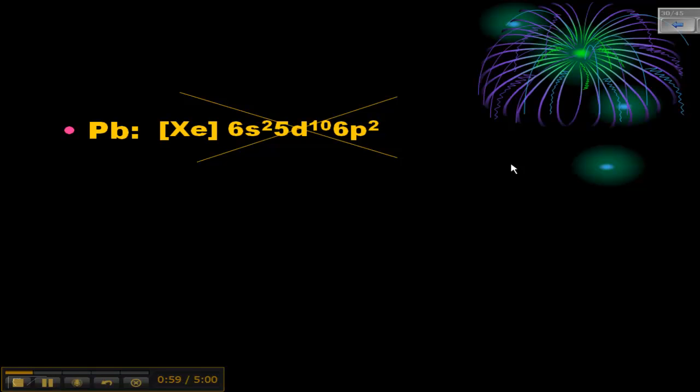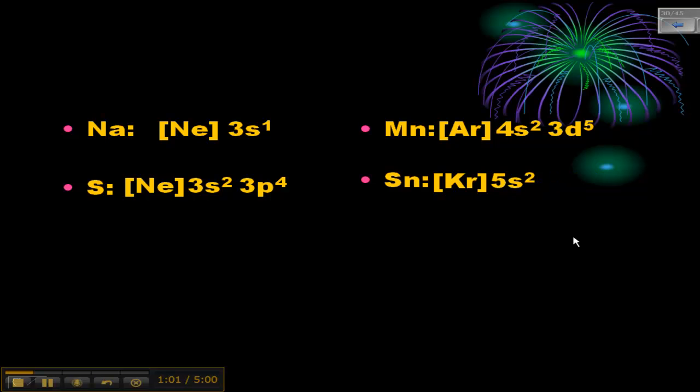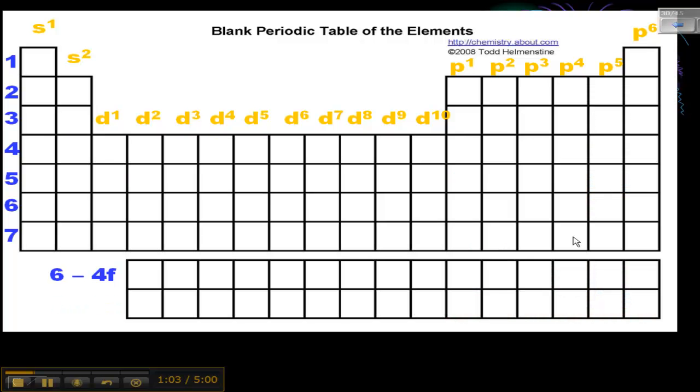So what we have to remember, I'm going to speed back through this, is that these bottom 2 rows here actually do go in right here. So anything in row 6 or 7 that is past the s2 column, we have to insert the 4f and the 5f.